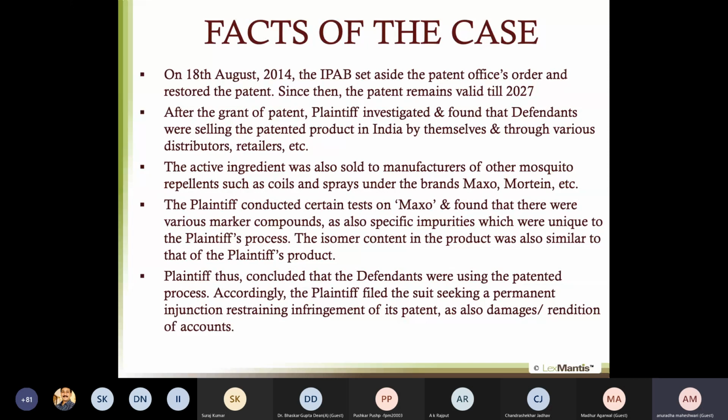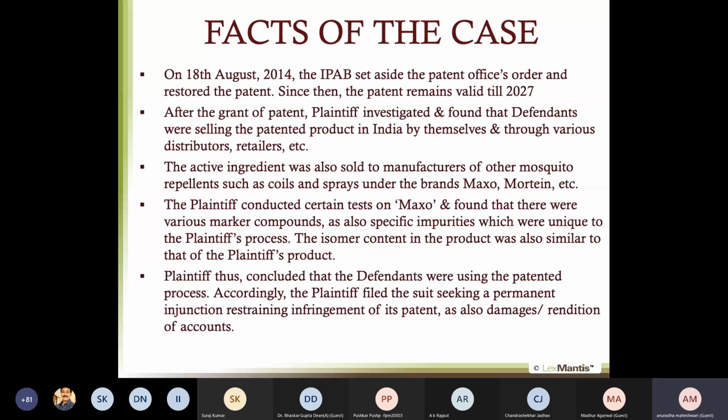After the patent was restored, the plaintiff conducted some investigations and found that this competitor firm was selling the patented product in India by themselves and through various distributors and retailers under brands, sprays and mosquito coils, famous brands called Maxo and Mortine.